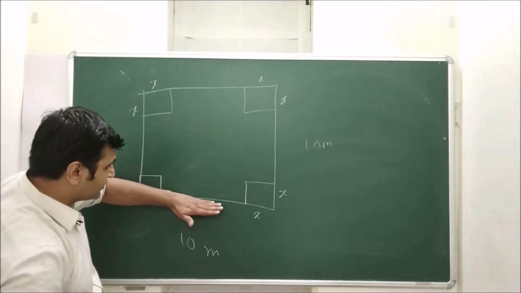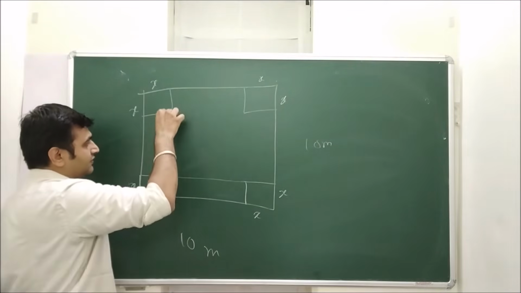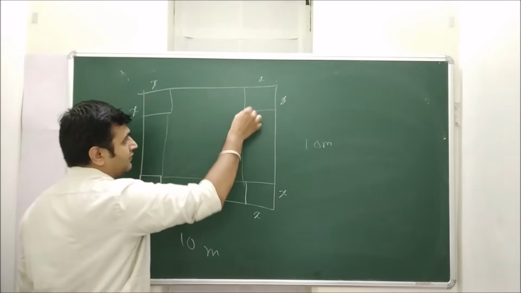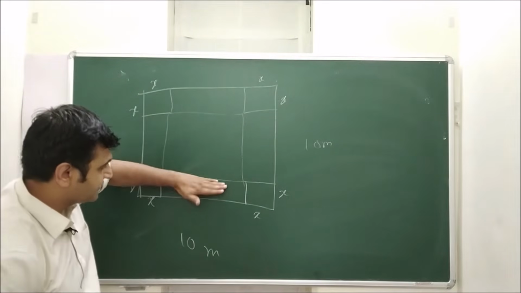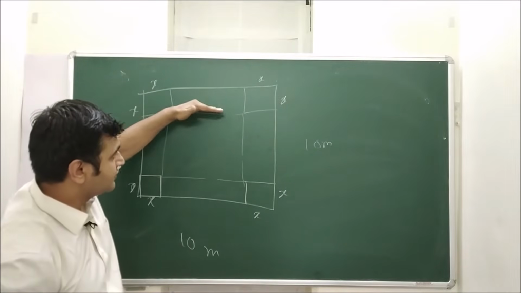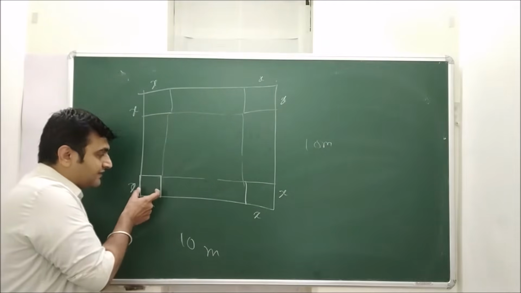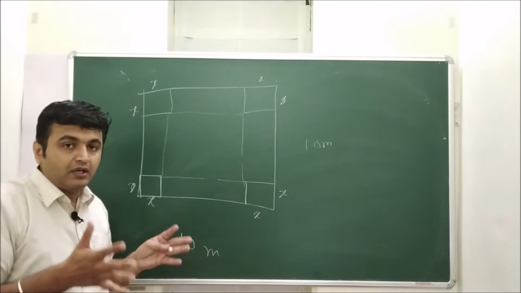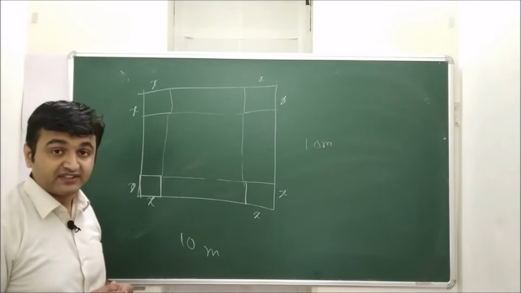Now once you cut, you just fold this part, you fold till here, you fold here till here, and you fold like this. So you have an open box, right? So the question is how much x you should cut so that you can have the largest possible box. That's what the question is.